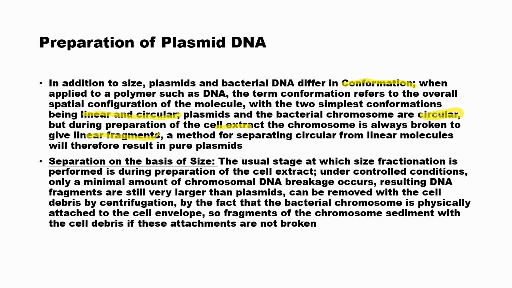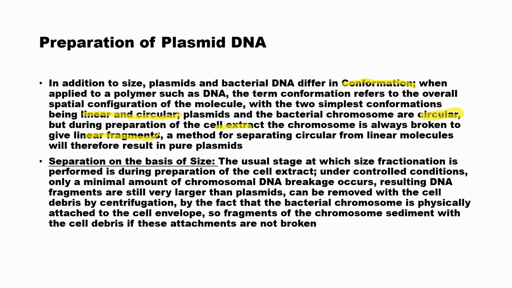So the first method is, since plasmid DNA is smaller than chromosomal DNA, we select a method by which we can isolate and purify small DNA, so that we are doing it only with plasmid DNA and not with chromosomal DNA. The second method is the conformation, the spatial configuration, the simplest being linear or circular.